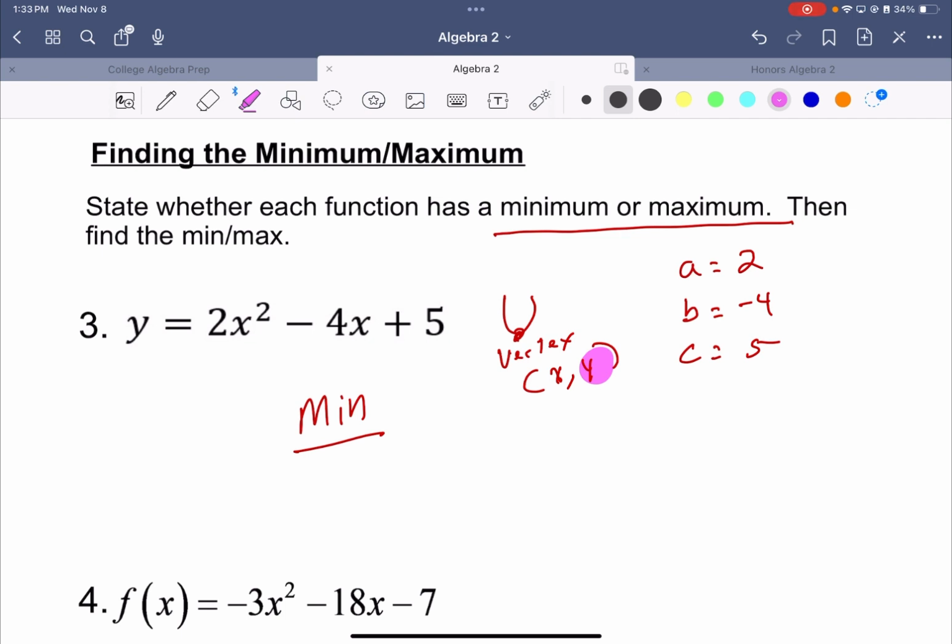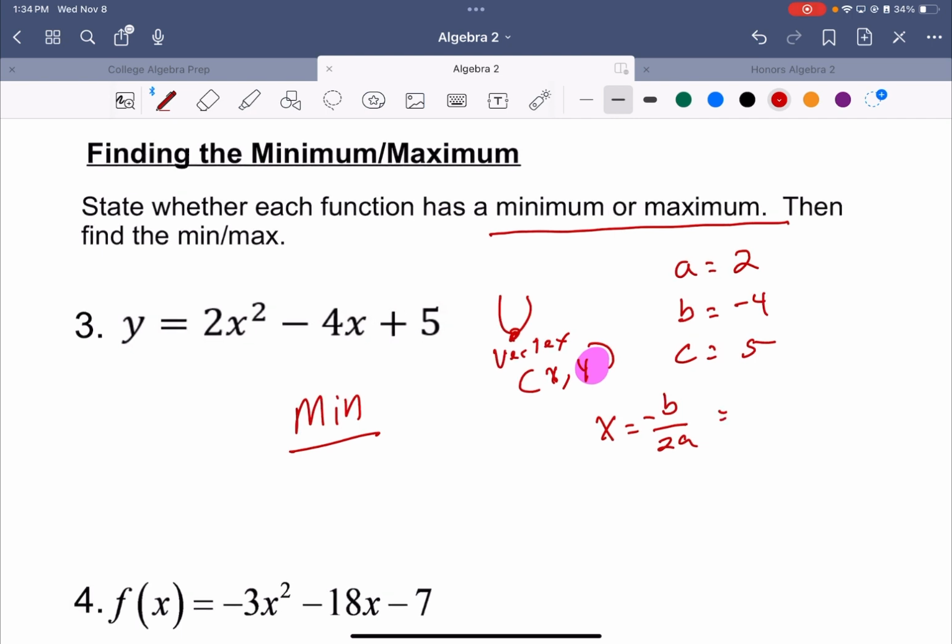So we have to do x equals negative b over 2a. The opposite of negative 4 is 4, and 2 times 2 is 4. So my x value at the vertex is 1.